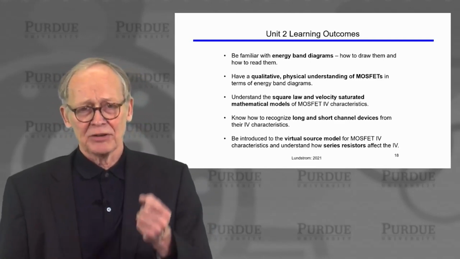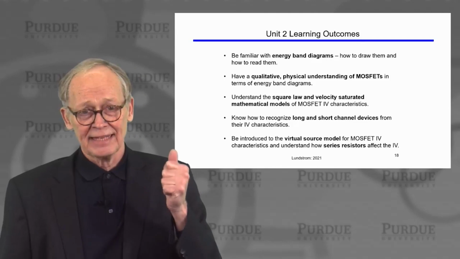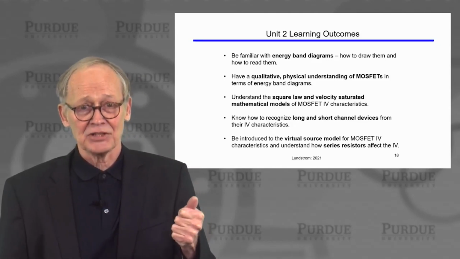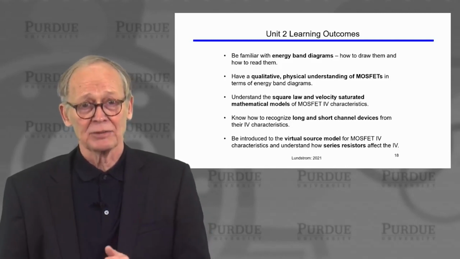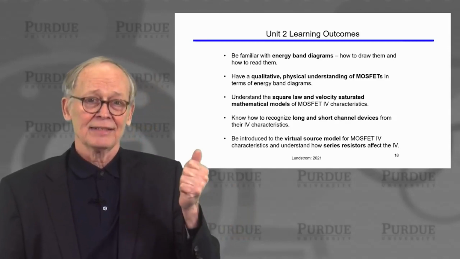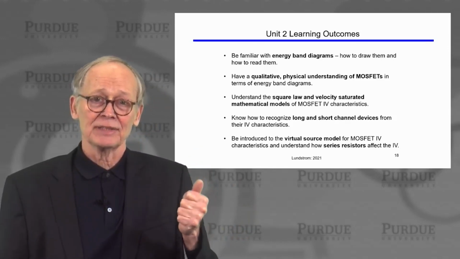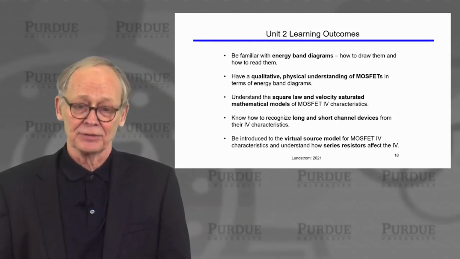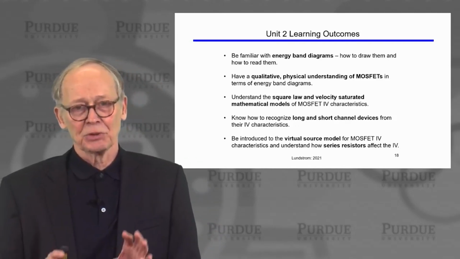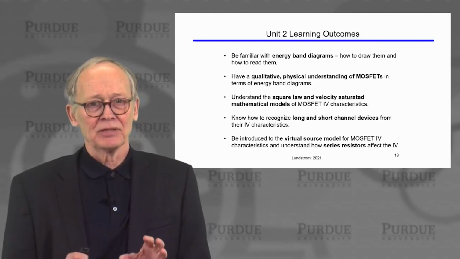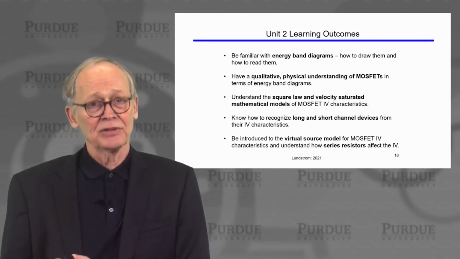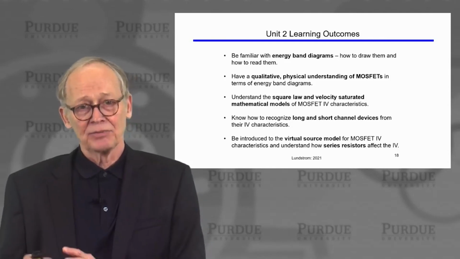We discussed briefly how you look at an IV characteristic and say, that's a long channel device. The saturation current increases quadratically with VGS minus VT, or that's a short channel device. The drain current in saturation increases as VGS minus VT to the first power. And we introduced this virtual source model that we will be using as our guide as we dive deeper and deeper into transistor physics in Units 3, 4, and 5.